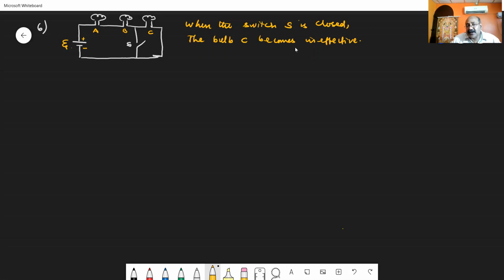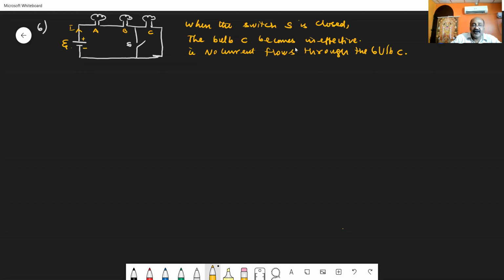If it is equal to short circuiting, the current that is coming out from the EMF will flow through the switch and no current will flow through C when the switch S is closed. So when the switch S is closed, the bulb C becomes ineffective. That is, no current flows through the bulb C.